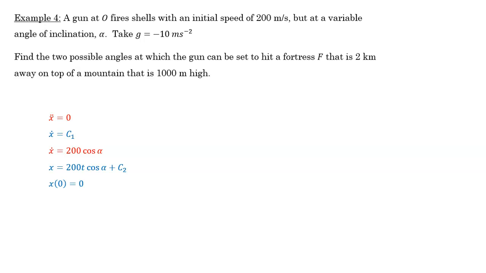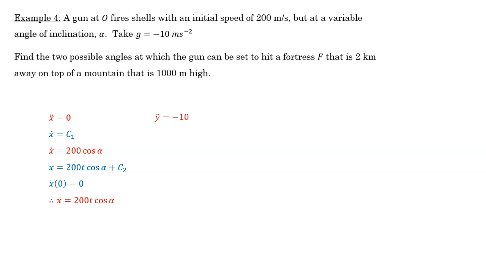So when t equals 0, x equals 0, substituting that into my equation, I find that c2 equals 0. So my horizontal displacement equation is x equals 200t cos alpha. In red, I highlighted my three horizontal motion equations.